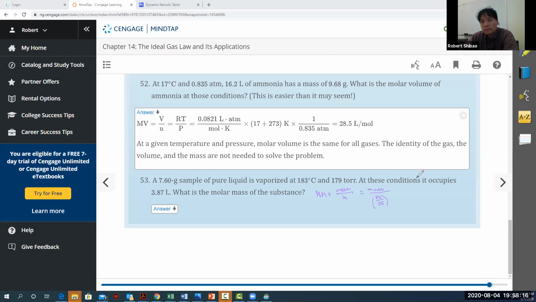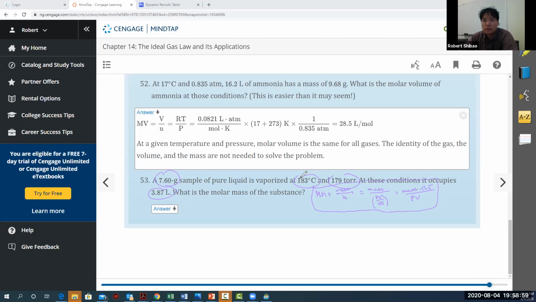So this is the mass times RT over PV. So if we know the mass, which we have here, we know the temperature, the pressure, and the volume, then we can just solve for the molar mass. There's other ways we could solve this as well, but this equation is pretty useful for gases.